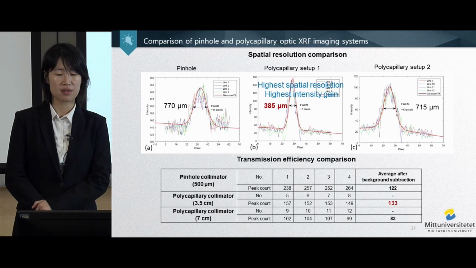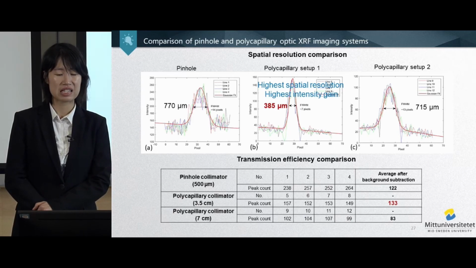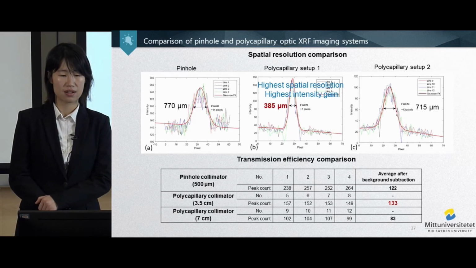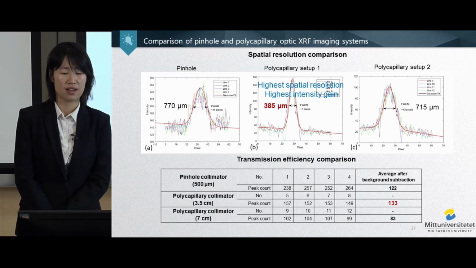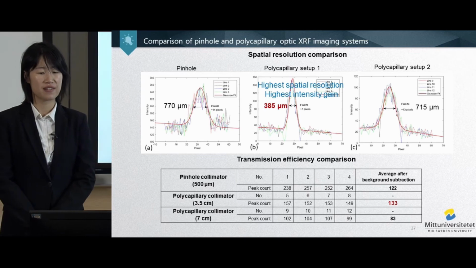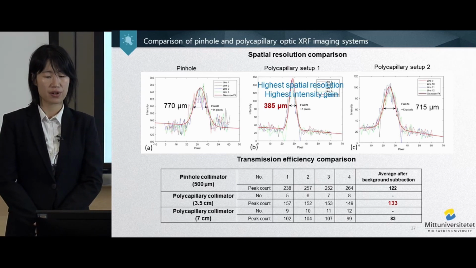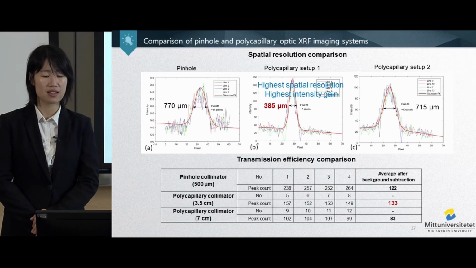In this comparison, the polycapillary at 3.5 centimeters gives the highest photon intensity. So the polycapillary optics at 3.5 centimeters is the optimal choice because it provides the highest spatial resolution and the highest intensity gain.